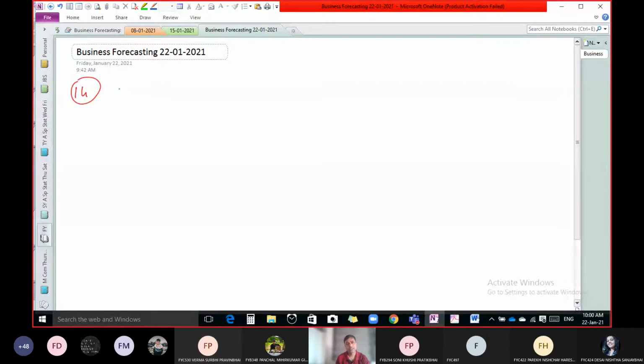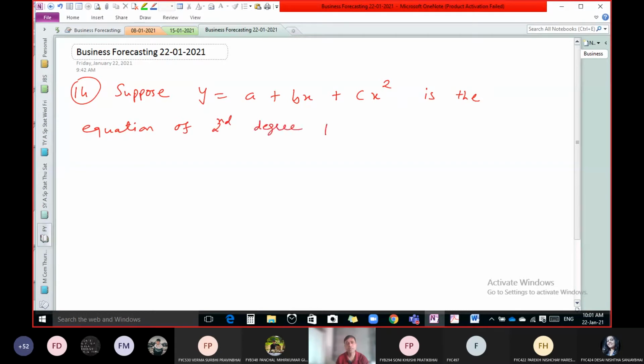You have to write in exam like this. Suppose y equal to a plus bx. See, this is linear trend, but because it's second degree parabola, you have to write one more thing. So y equal to a plus bx plus cx square is the equation of second degree parabola.